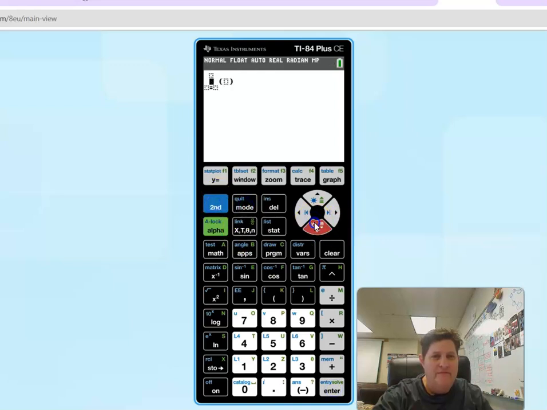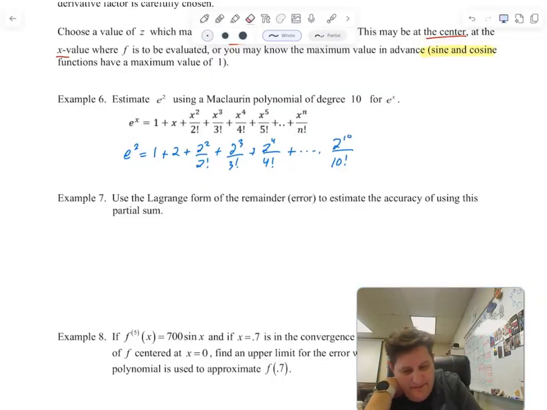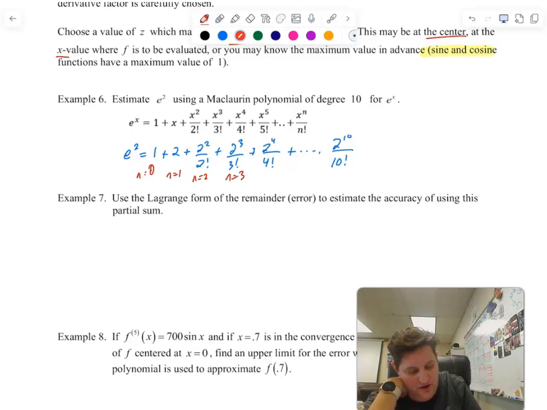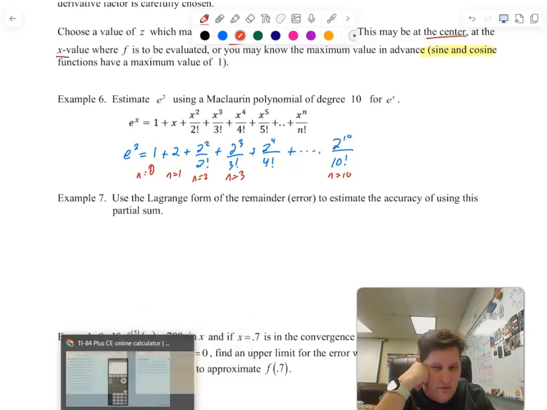And when I put my variable down here, oh gosh, how do I get out of this? Okay, there we go. And I put x, it'll actually show an n. Okay, very exciting. You don't need to turn it into that, but you could. Now, I am starting where n is, let's look at this real quick, okay? This is, n is 2, because it's 2 over 2 factorial, n is 3, that means n is 1, that means n is 0. So I'm starting at 0 and going up to 10, okay? I just want to check if I was starting at 0 or 1.